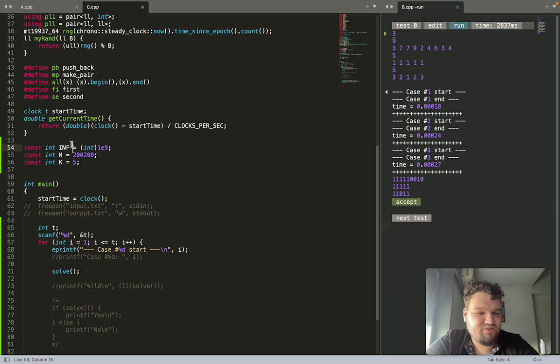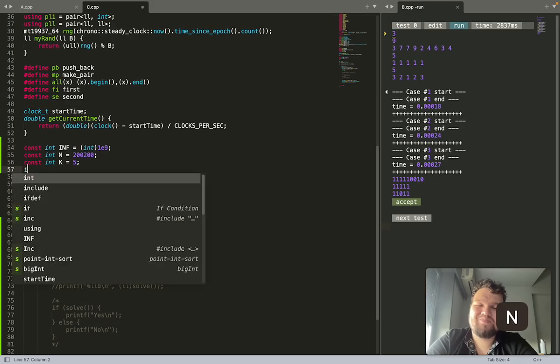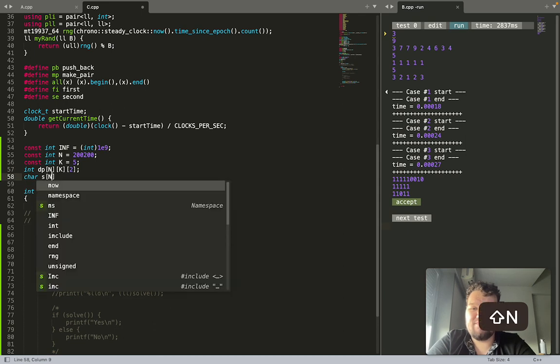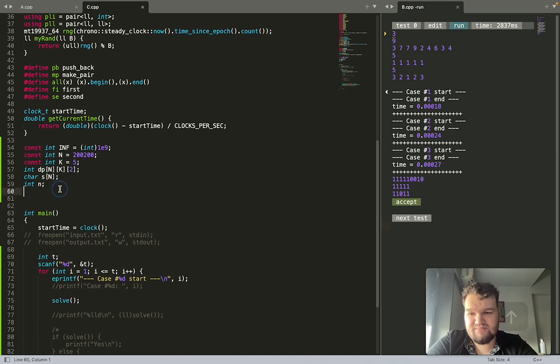My infinity will only be used as negative infinity, and the smallest negative value we can actually get is just 1000 multiplied by this with minus sign, because all the e's are certainly positive, so it's fine. Also need the powers of 10.